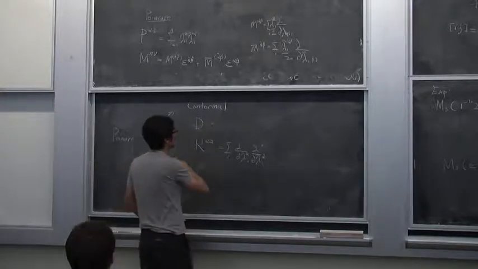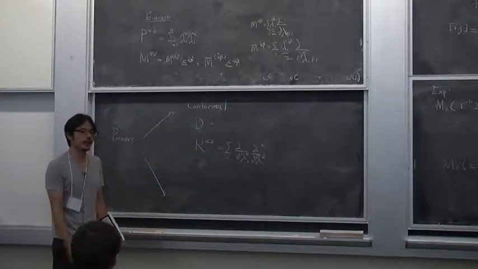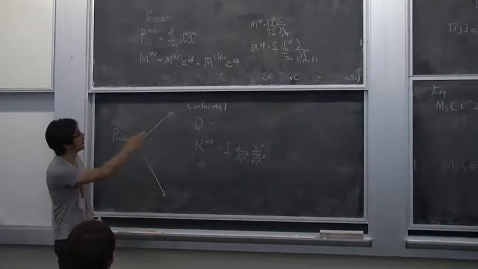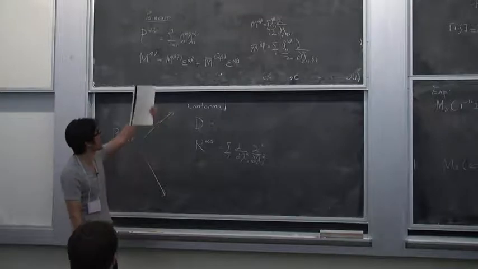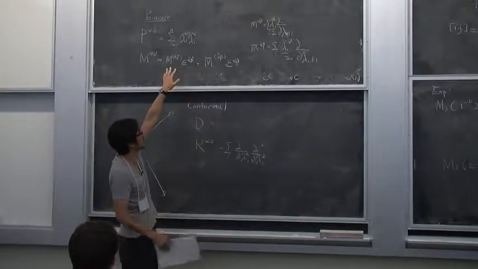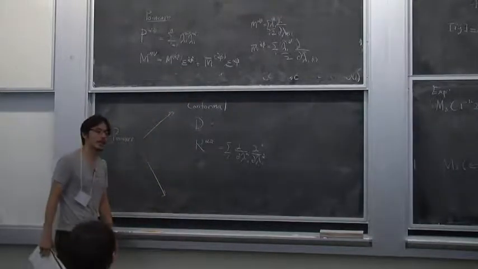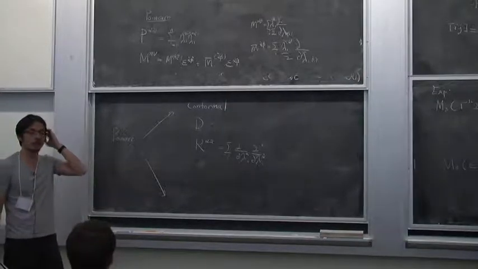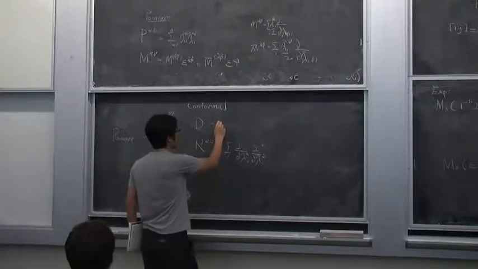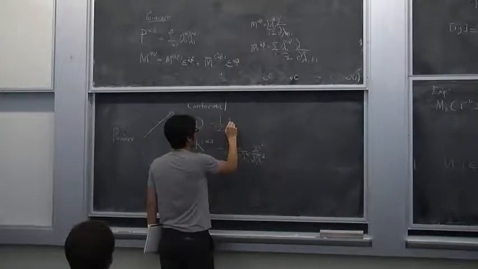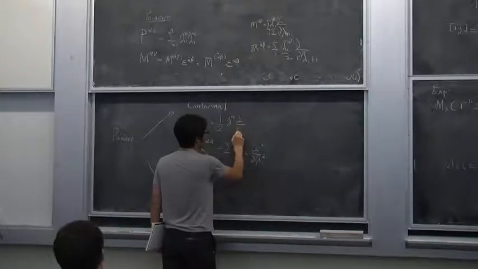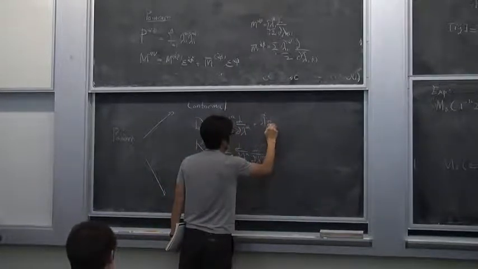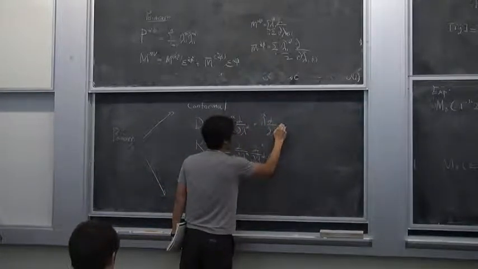Now for dilatation, you know that anything that has a non-trivial mass dimension gives you a non-trivial dilatation weight. Since here the only things that carry mass dimension are lambda and lambda tilde, and they actually carry 1/2 mass dimension, because lambda and lambda tilde give you momentum, this already tells you that the dilatation operator should be lambda alpha partial over lambda alpha plus lambda tilde alpha dot partial over lambda tilde alpha dot.